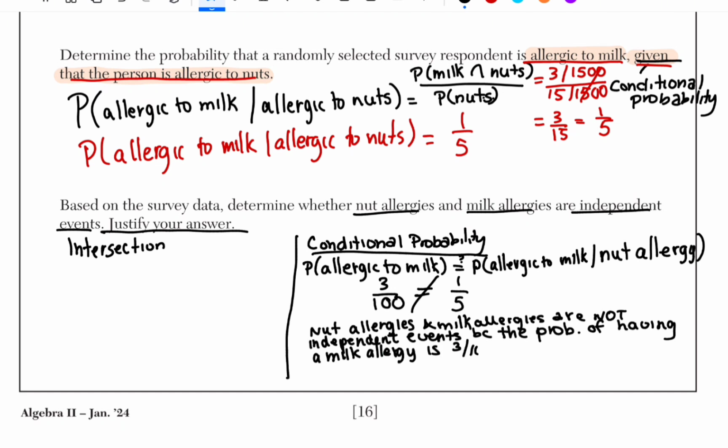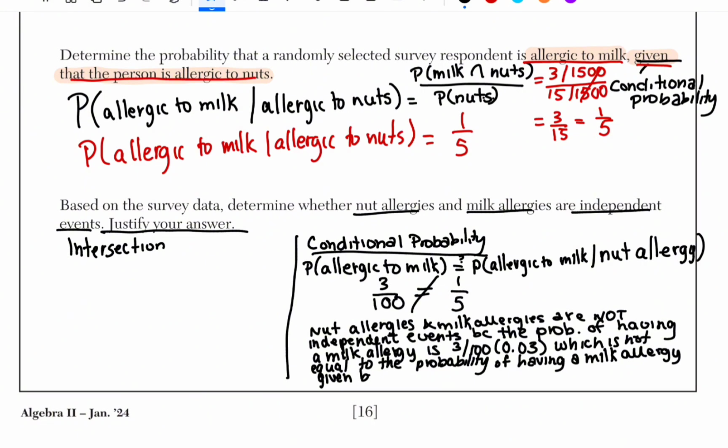is 3 over 100. You could add decimal form as well, which is not equal to the probability of having a milk allergy given being allergic to nuts.